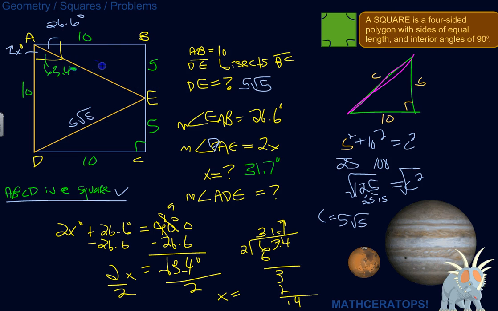So we know this is 5 square root of 5. Well, then that makes this AED an isosceles triangle, so just two sides that have the same length, which means that this measurement is also 63.4 degrees.